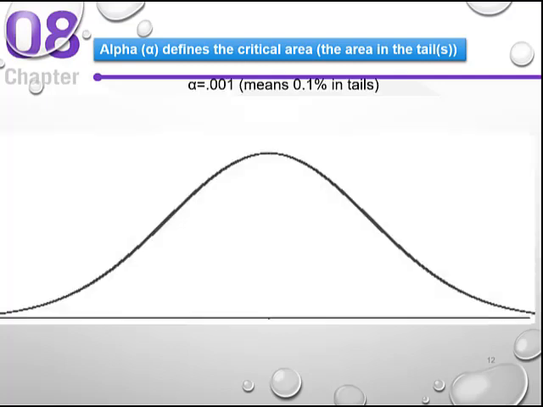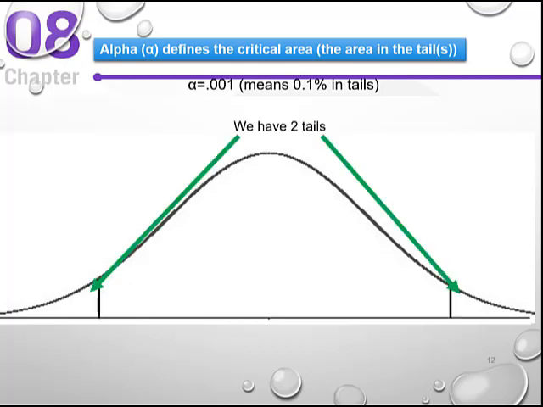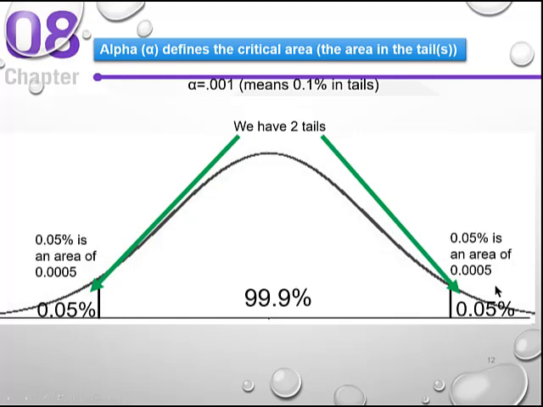So now lastly, let's use our smallest alpha of 0.001, which means we have 0.1% in the tails. Again, we have two tails, so now that means we have 99.9% in the bulk right here. So that means our tail got even smaller, right? So now we have 0.05% in each of the tails. Now this is an area of 0.0005. Again, just divide this by 100.